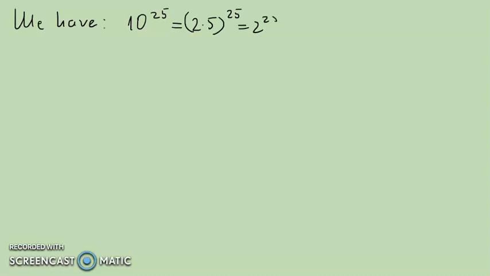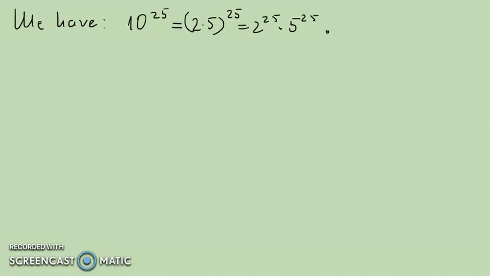Let's review that term. 10^25 is actually 2^25 times 5^25. So we need to work with 2's and 5's.